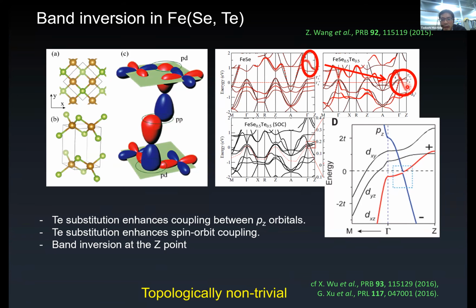As a result, this Pz band crosses with the pre-existing d bands of the iron atoms. Furthermore, the tellurium substitution also enhances the spin orbit coupling, which gives rise to the band inversion around this crossing point. Therefore, this material is topologically non-trivial.